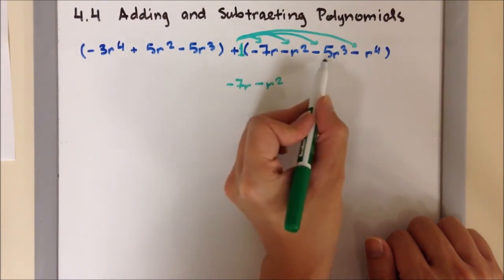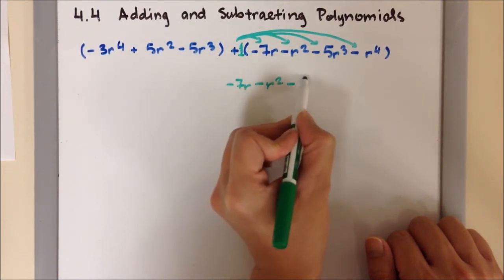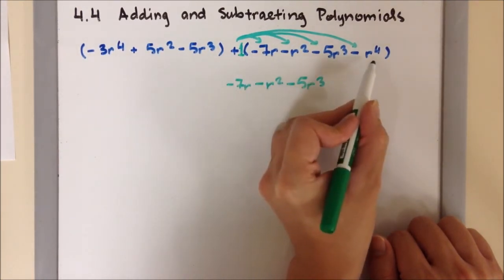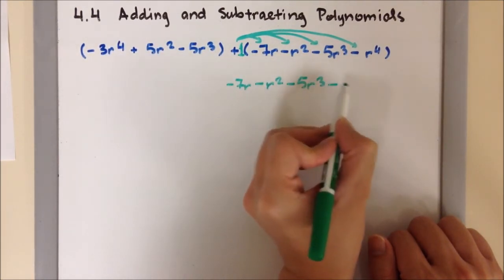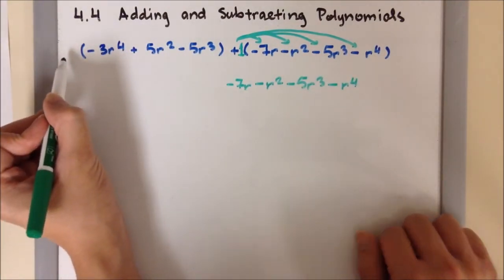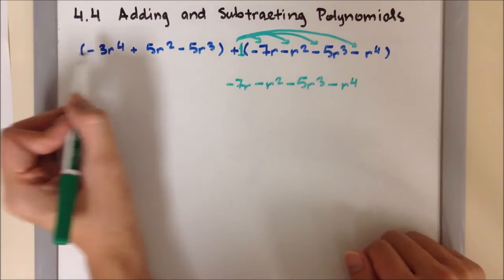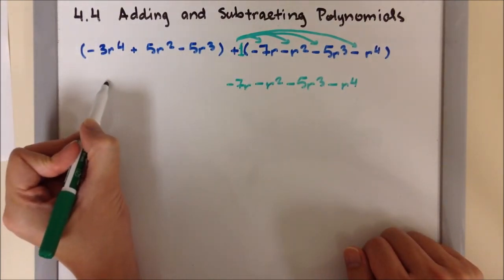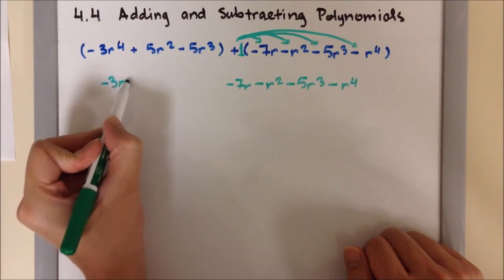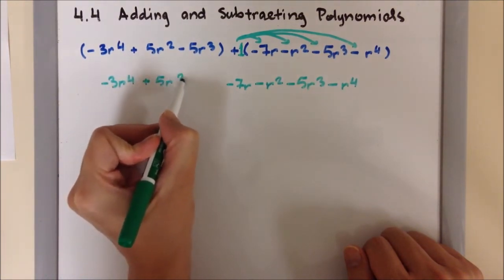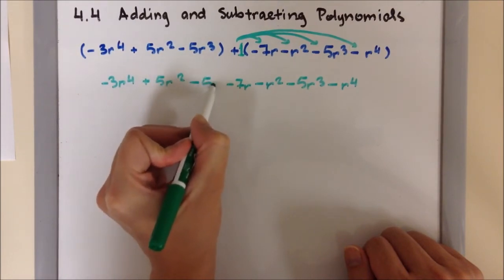Positive 1 times negative 5r to the third is negative 5r to the third. Positive 1 times negative r to the fourth will be negative r to the fourth. There's nothing in front of this parenthesis, meaning nothing I can distribute. I'm going to bring down the inside and let go of the parenthesis. So negative 3r to the fourth plus 5r squared minus 5r to the third.